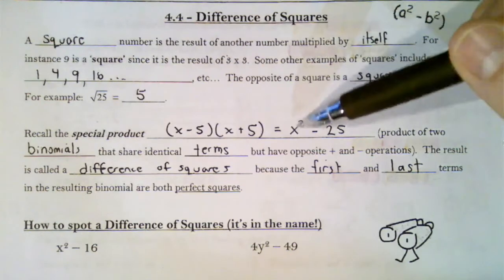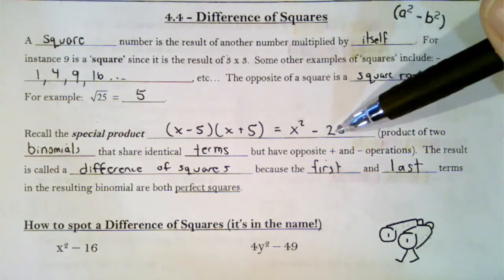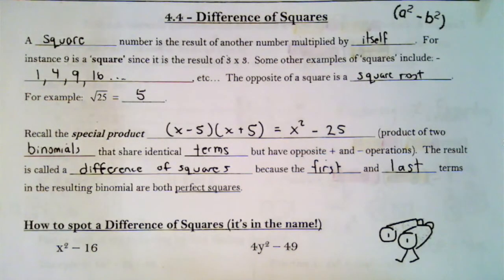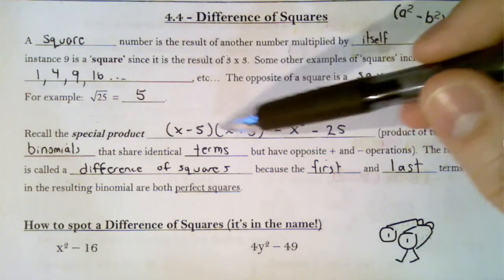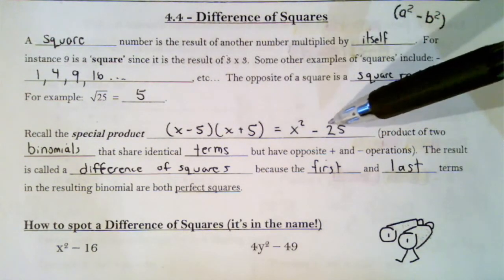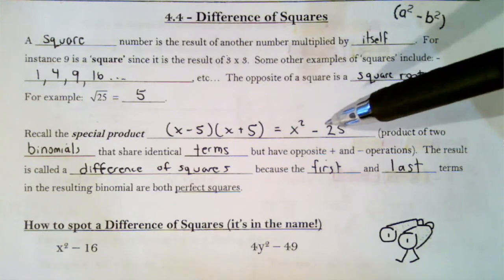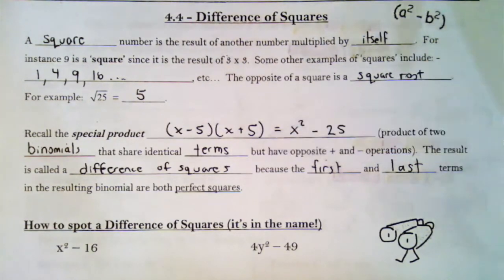So that means the x squared and the 25 are both perfect squares. So that means we could square root them. So what's important here? Well, the special product, the almost twins, when we expand it, we'll always get something called a difference of squares.